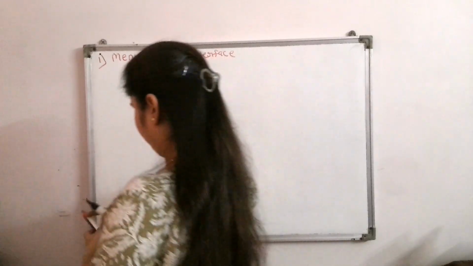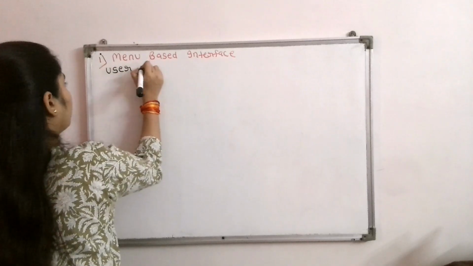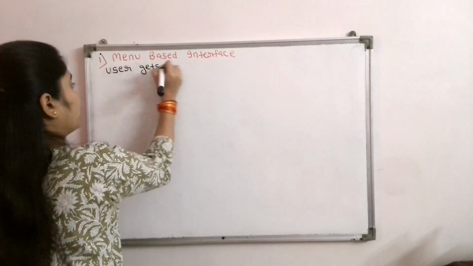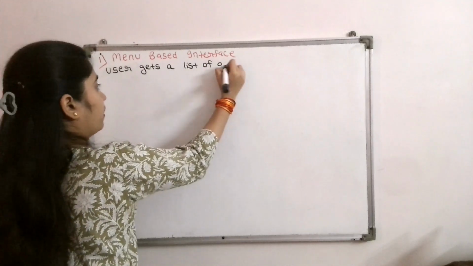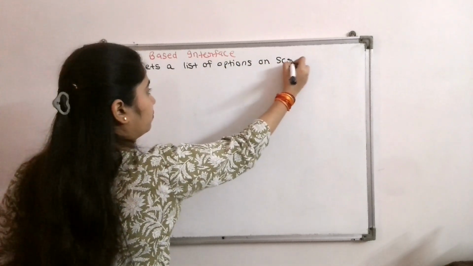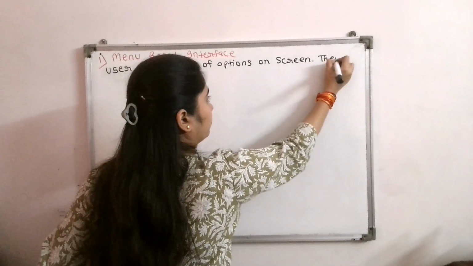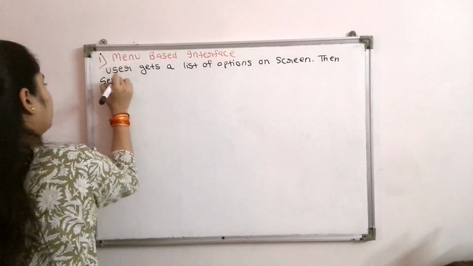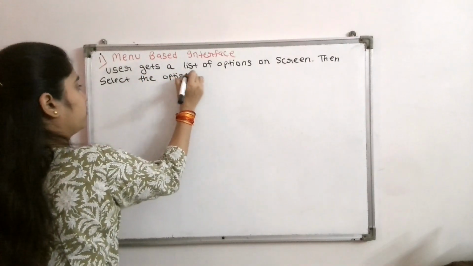Let's write it here. User gets a list of options on screen. Then selects the option.